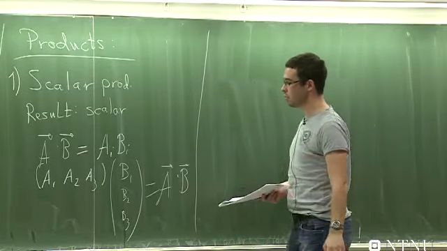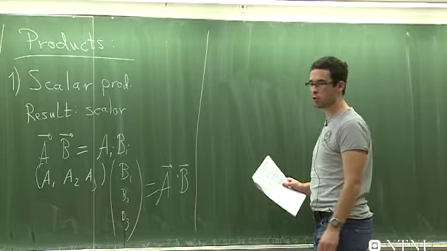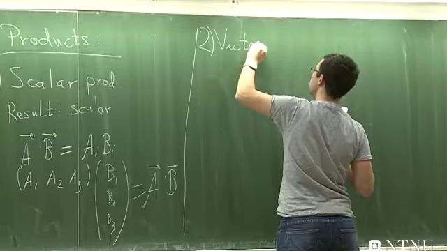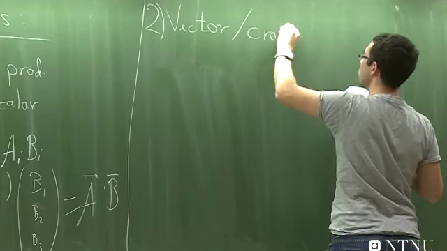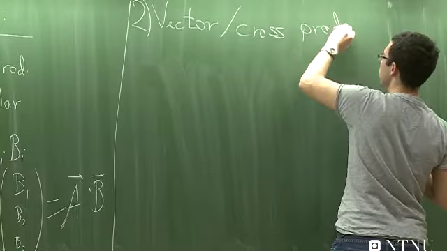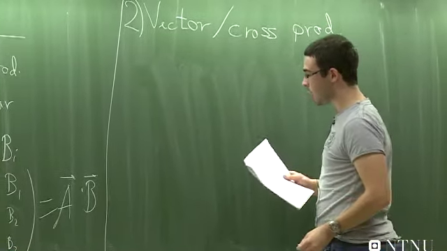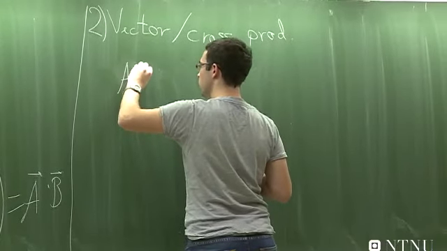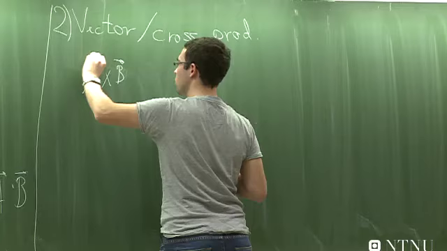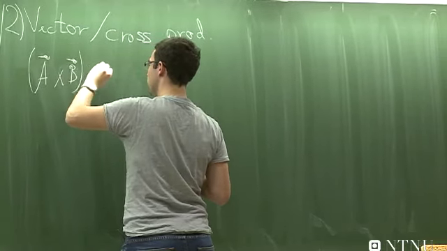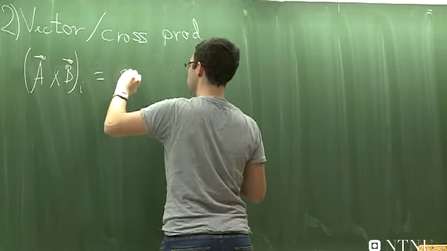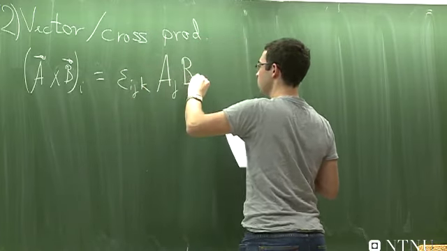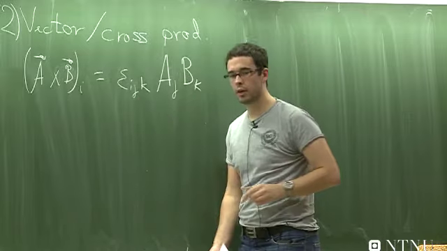Okay. Now the second type of products is the vector product, which you also heard about before. It's also called the cross product. And we write this in the most compact fashion by looking at one of the components. In this case, epsilon is again the Levi-Civita symbol.